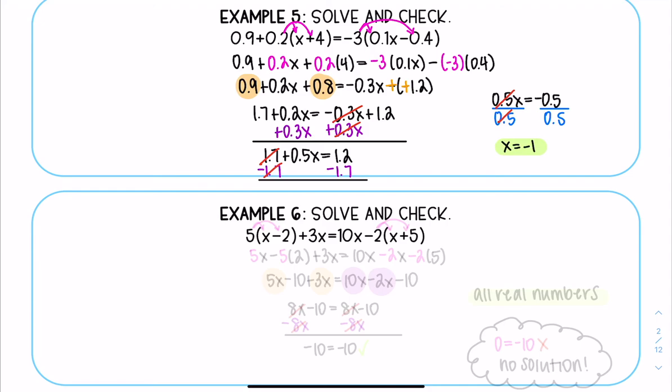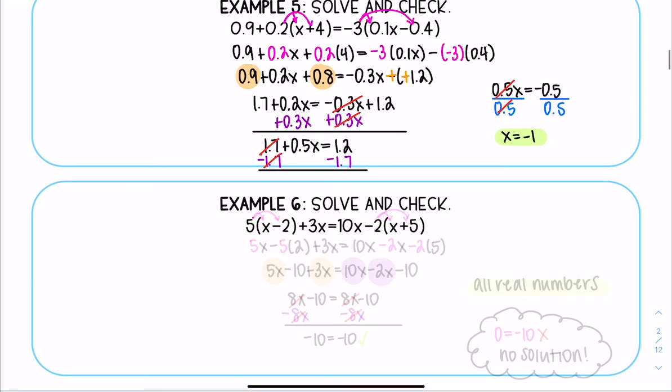And the last one. Same thing, we want to make sure we distribute first. So we're going to distribute 5, and we're going to distribute negative 2. So we have 5 times x, and then 5 times 2, plus 3x equals 10x.